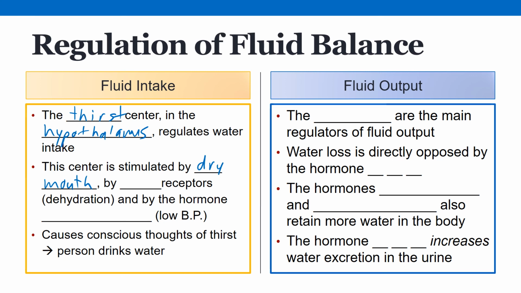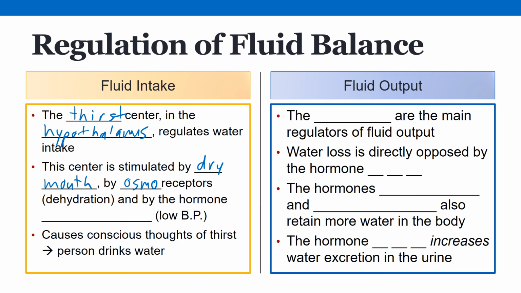There are also osmoreceptors. Remember, it's osmotic pressure on the hypothalamus that is its main signal of dehydration in the body. When there's not enough water in the blood, the water can't osmose out of the blood, and so it puts less pressure on those sensors in the hypothalamus.